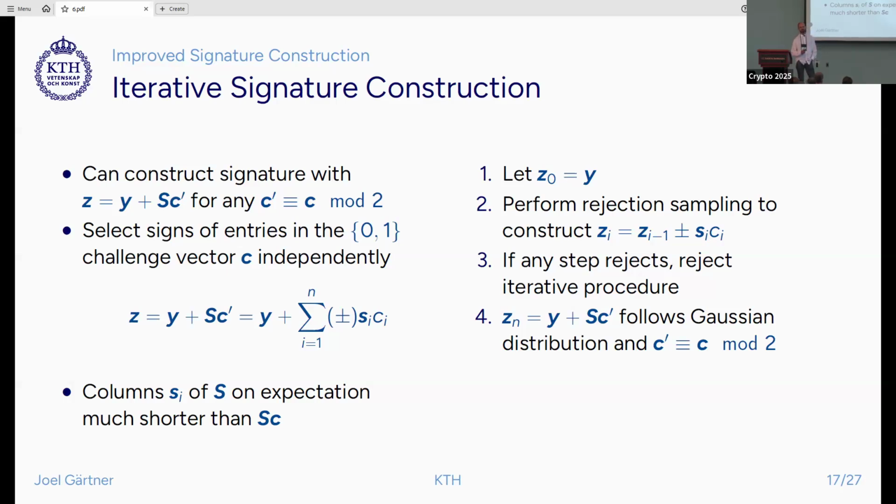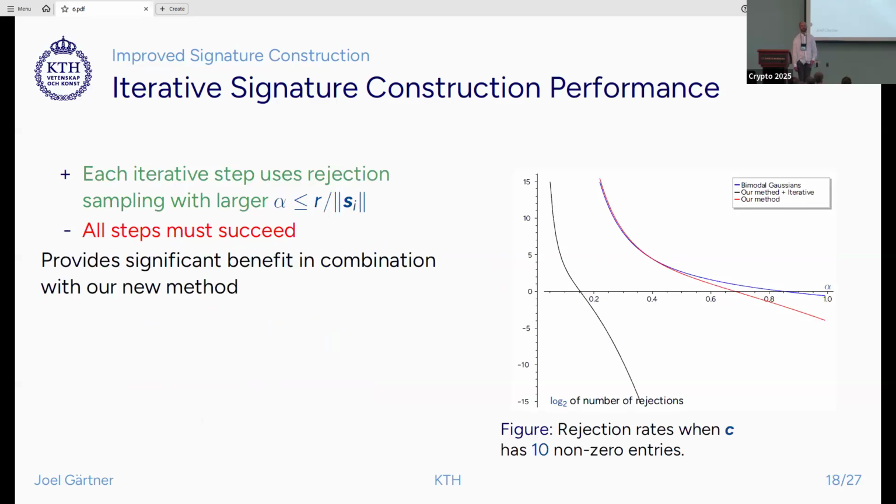The benefit of this iterative signature construction is that each iterative reaction step uses reaction sampling with a much larger alpha, which is now only upper bounded by the Gaussian parameter R over the norm of a column of the secret matrix. The downside is that all iterative steps must succeed at the same time.